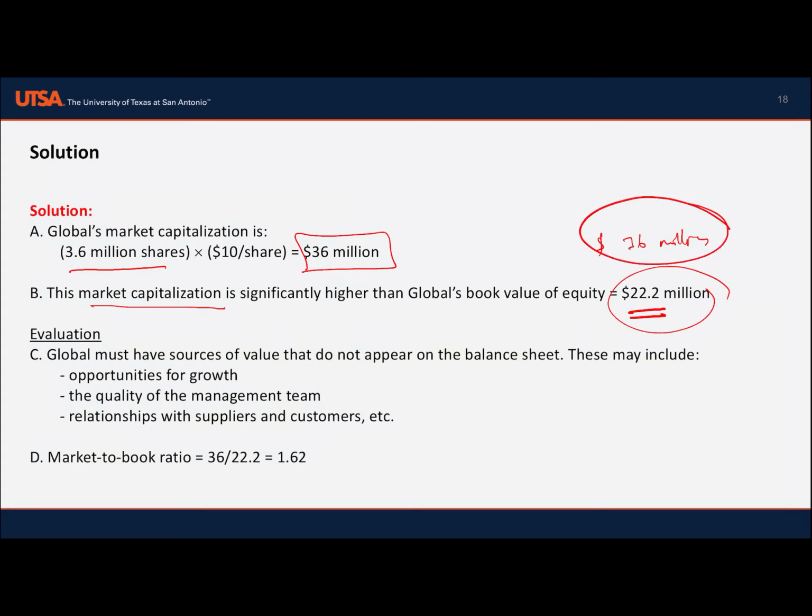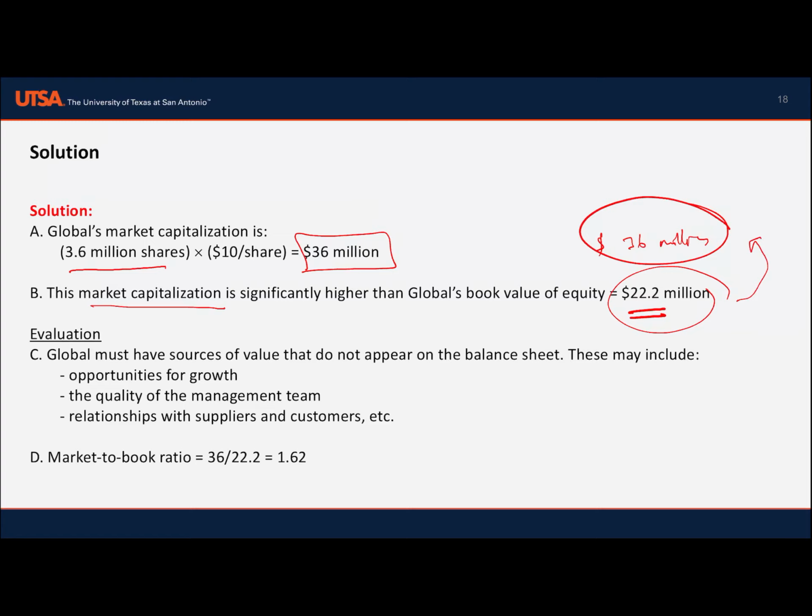Okay, and part C: Global must have sources of value that do not appear on our balance sheet. So why do we have a higher value here? The market value is 36 million, but the book value of equity is 22.2 million. Where does the difference of almost $14 million come from? It can come from opportunities for growth, the quality of the management team, or relationships with suppliers and customers.